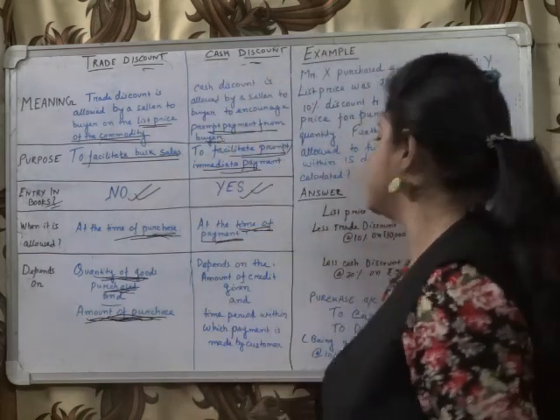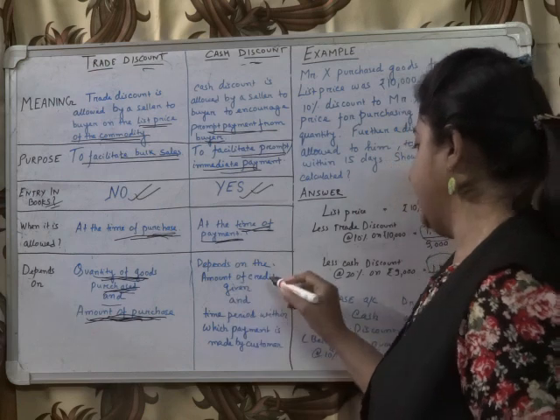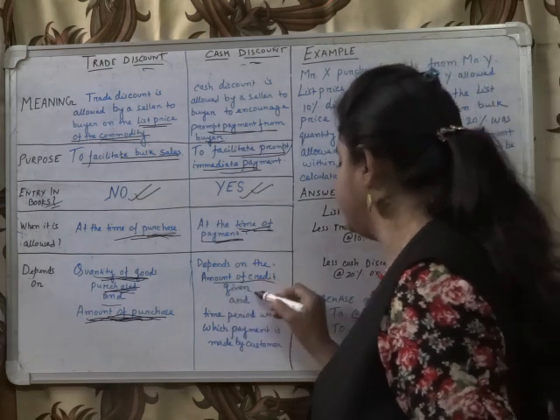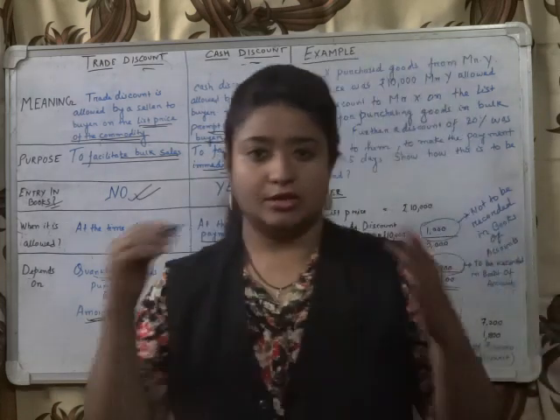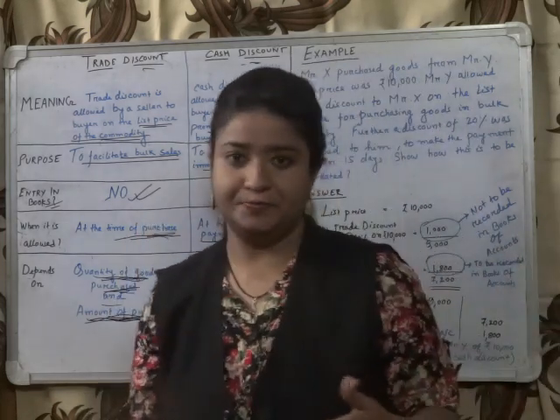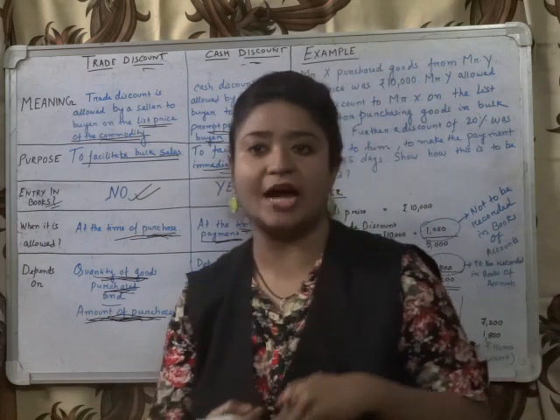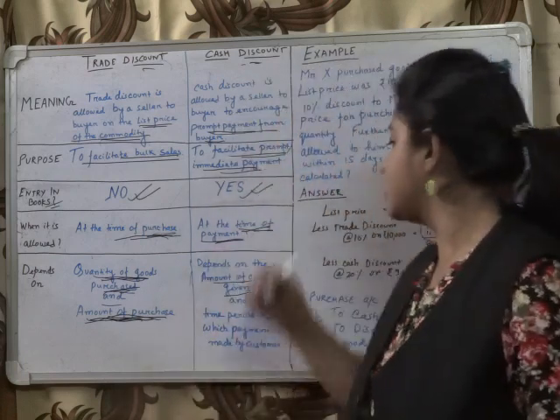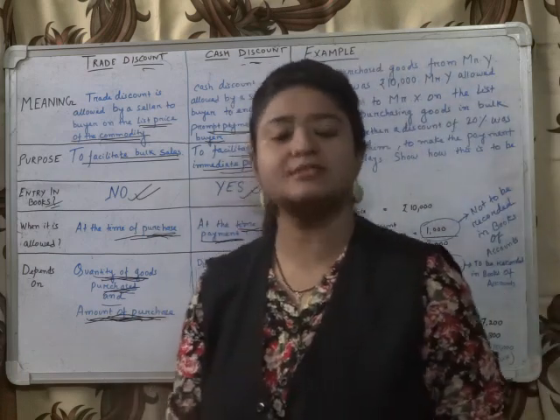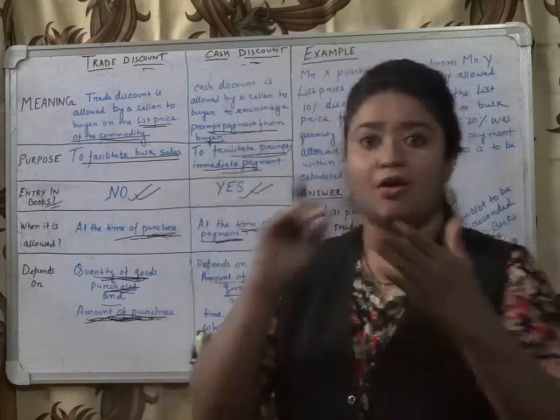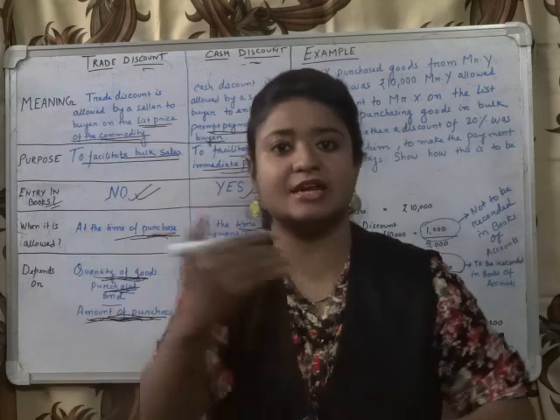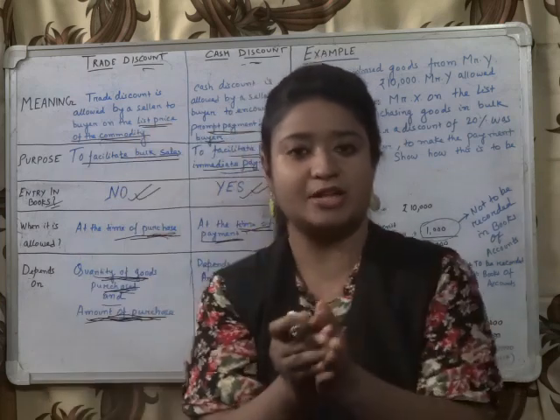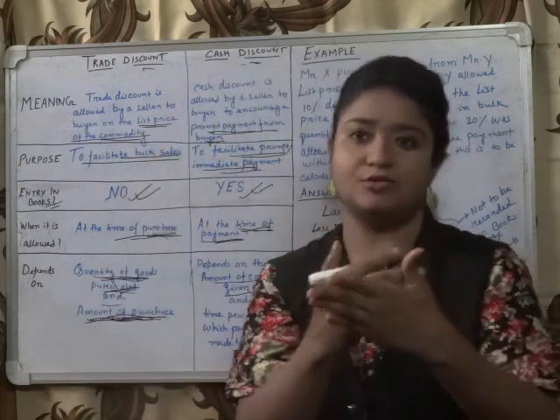Now in case of cash discount, it depends on the amount of credit given. For example, the seller tells the buyer, I am providing you a cash discount of 10% on the amount that is given as credit to you. He has purchased goods of 10,000 rupees.